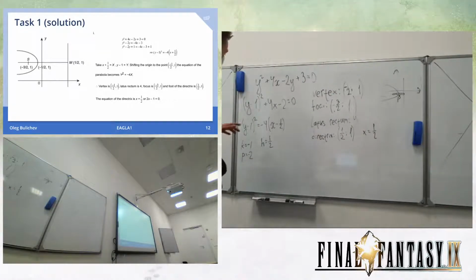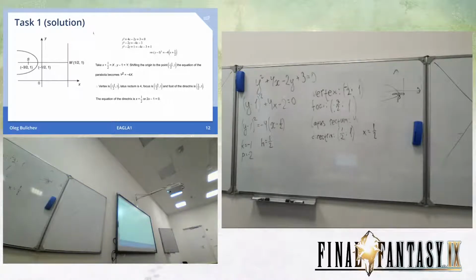Okay. First, I found the vertex. It's just an easy way to find the equation, the canonical equation. So first of all, you find the canonical form.